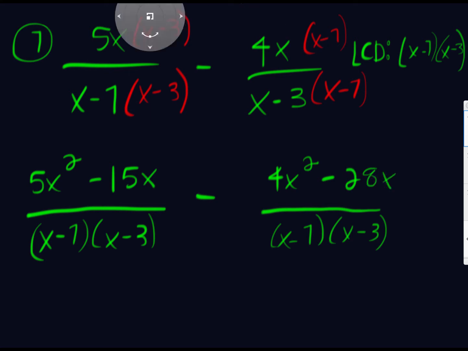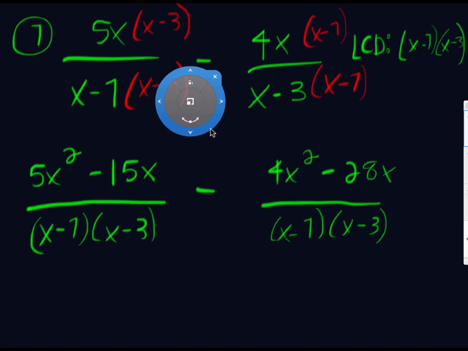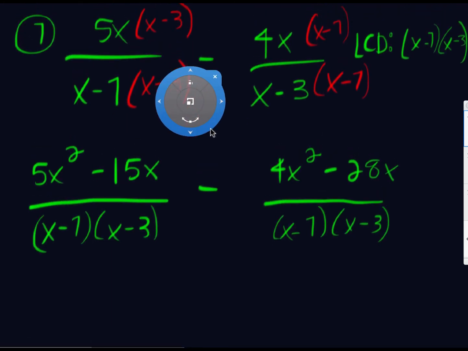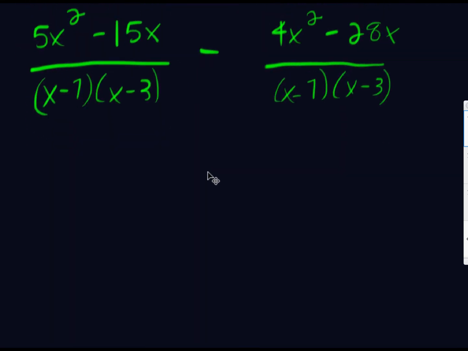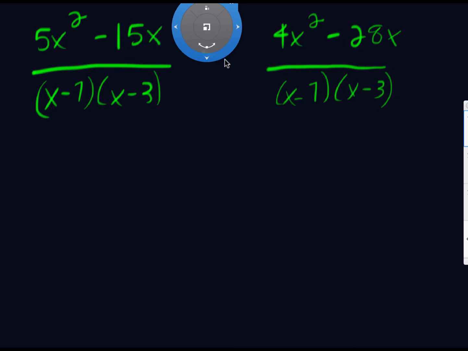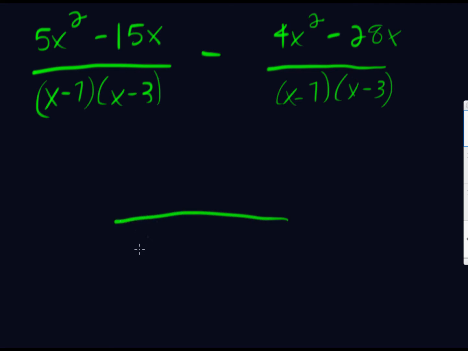So moving right along, I'm going to write these two separate expressions as one expression with the same denominator. Since they already have the same denominator, I'm going to just write that as x minus 7 times x minus 3. And now I'm going to write these numerators.